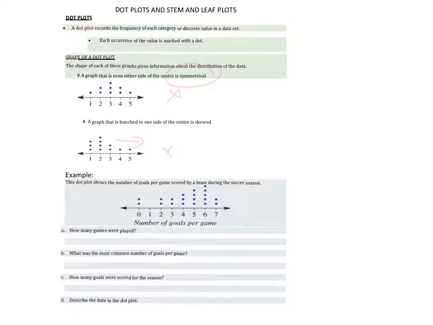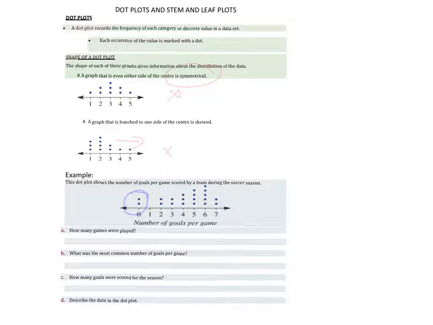How are we interpreting this? Well, let's have a look at the first one here. What does that mean? What do those two dots mean? Well, the number of goals per game. So what we can actually say here is that two teams scored no goals in a game during that season.